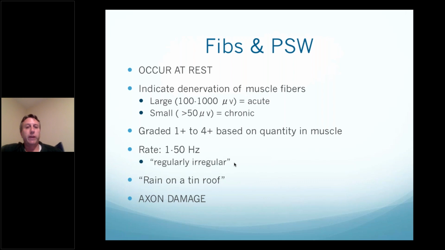Fibs and positive sharp waves are regularly irregular, meaning that as a whole it's irregular, but each individual one is firing regularly. As opposed to motor units, where each one fires at a rate similar or close to the other ones, with fibs and positive sharp waves one could be at a rate of, let's say, 5, while the next one could be at a rate of 50. So they're all over the place.